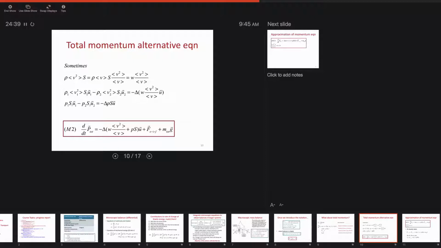Plus force exerted by solid on the fluid. If I have a cylindrical tube, what is this force? It's 0 minus the delta in pressure times the cross-sectional area, which is pi R squared for a cylindrical tube.